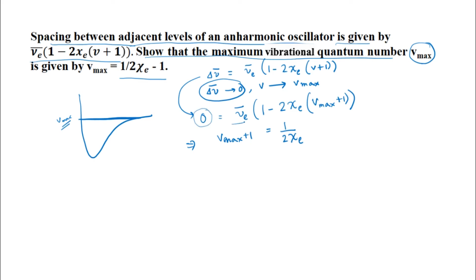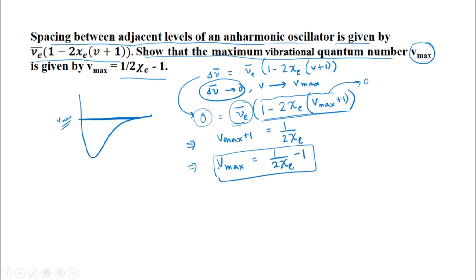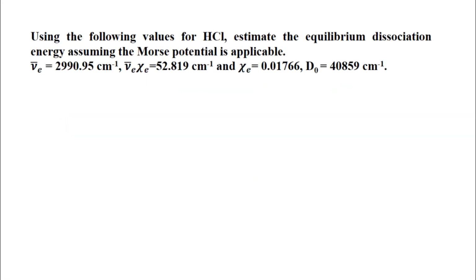So, either this or this has to be 0. Because this frequency is not 0, we are equating this part, the entire part, to be 0. So, from this we get V max equals 1 by 2 chi e minus 1, and this is exactly what we needed to prove. So, now let us look into the third problem.